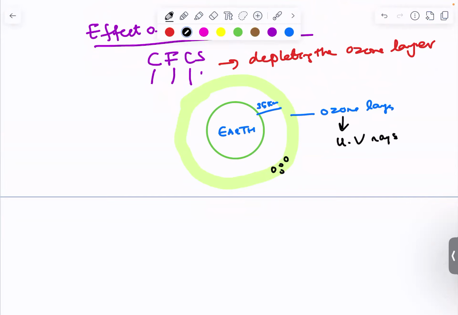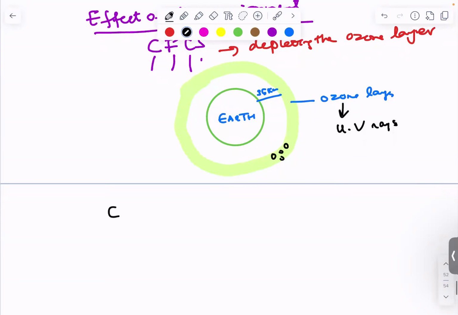But when they go up, if they are used a lot on the earth, what happens? Chlorofluorocarbons go up in the air, into the stratosphere, and they react with the ozone and change the ozone molecule. CFCs.